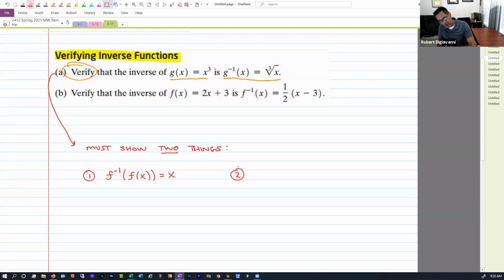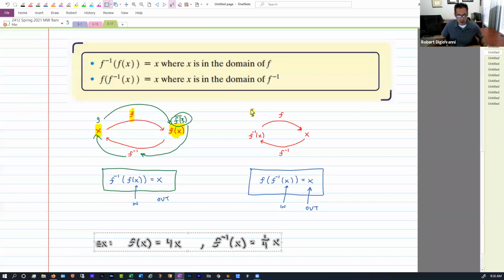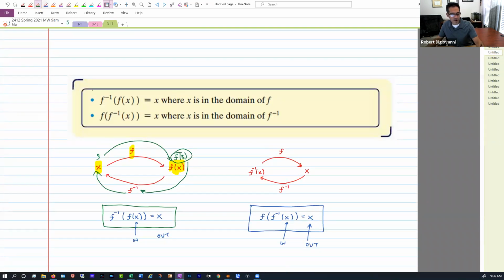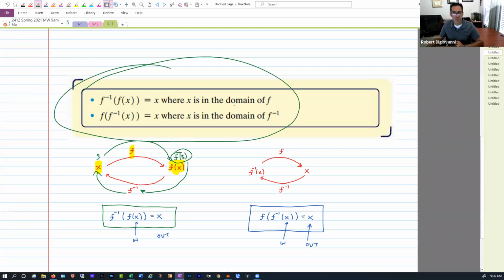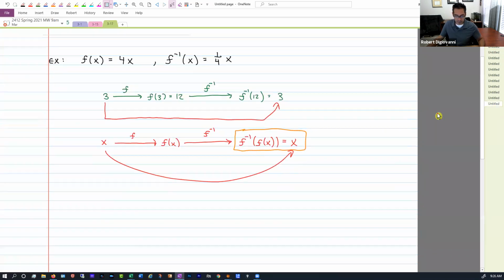The second thing you have to do is show that f with f inverse inside of it will also spit out x. So basically, we're trying to verify two functions are inverses. We have to show that both of these things are true. That's what I'm going to try and do now.